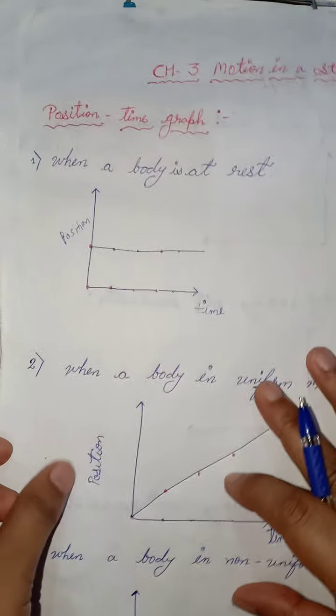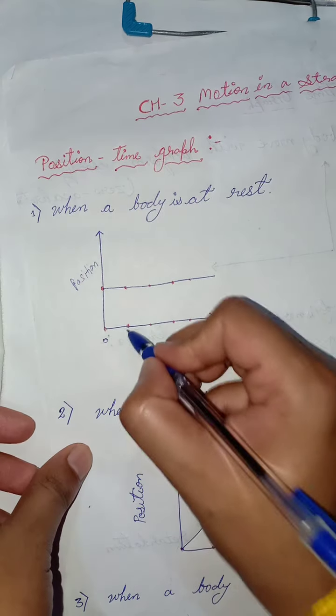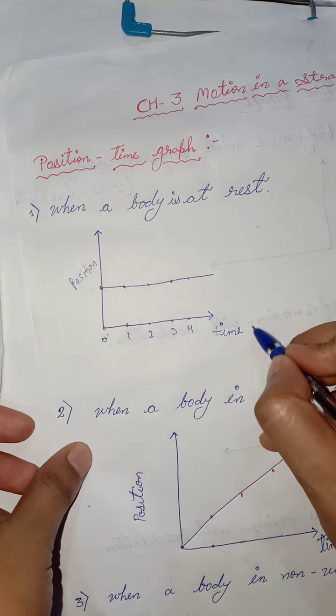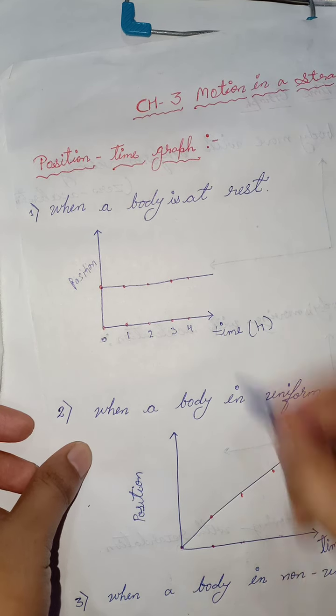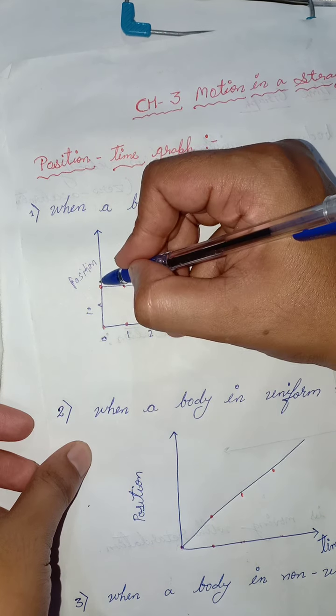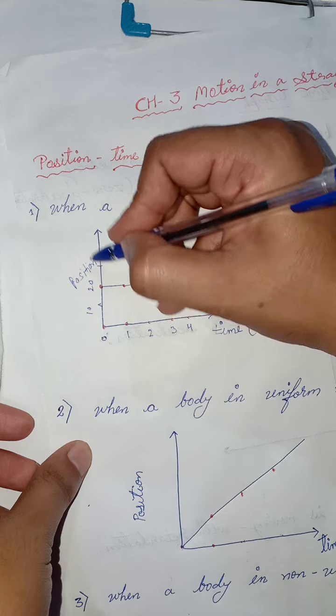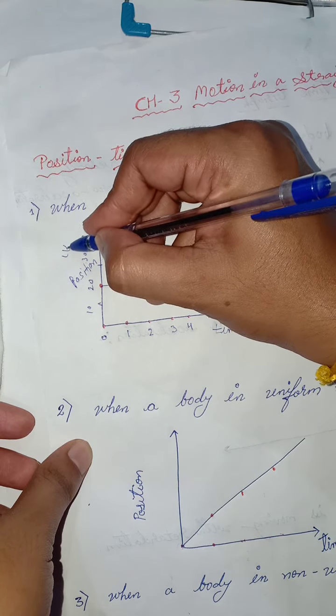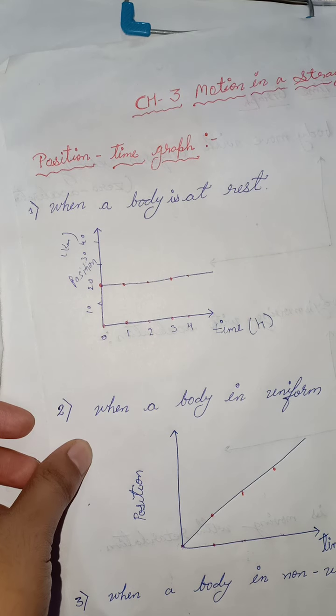So see, like this, we have 0 here, 1 hour, 2 hour, 3 hour and 4 hour, and time will be in hours. And here the distance 0, 10 kilometer, 20 kilometer, 30 kilometer, 40 kilometer, and the position will be in kilometers.